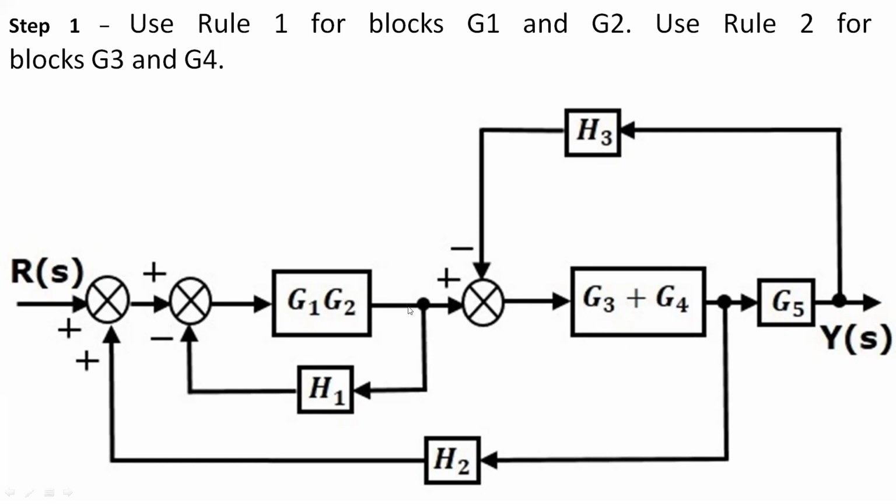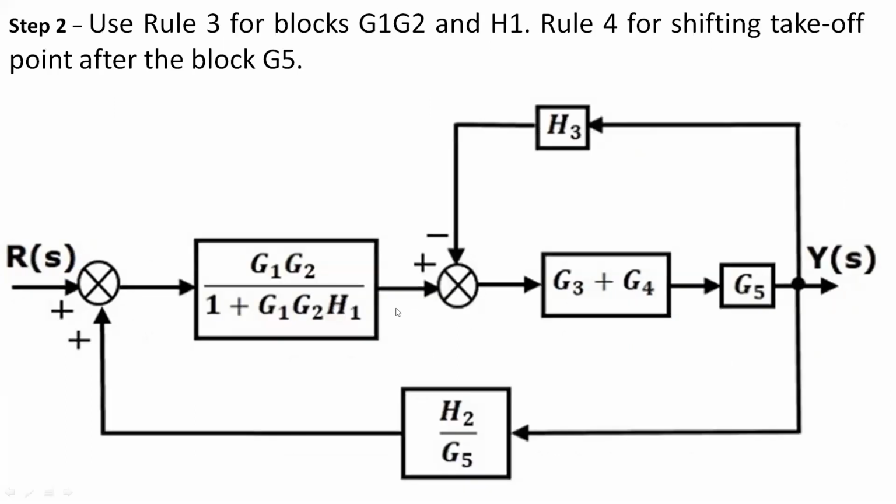And then step 2, we are using rule 3 for blocks G1, G2 and H1. Use rule 4 for shifting takeoff point after G5. So the modified block diagram is given as G1, G2 by 1 plus G1, G2 into H1. And here G3 plus G4 into G5. Okay, so that is exactly what we are getting.